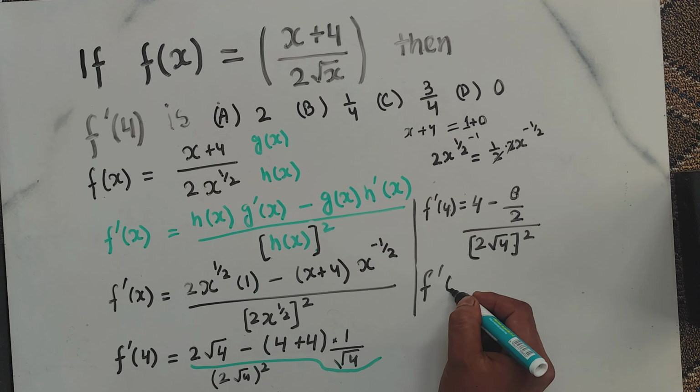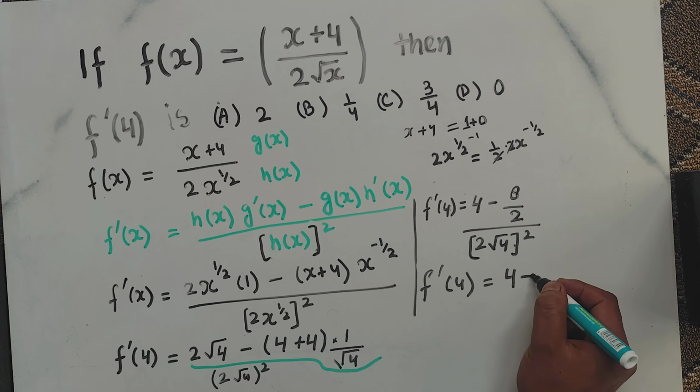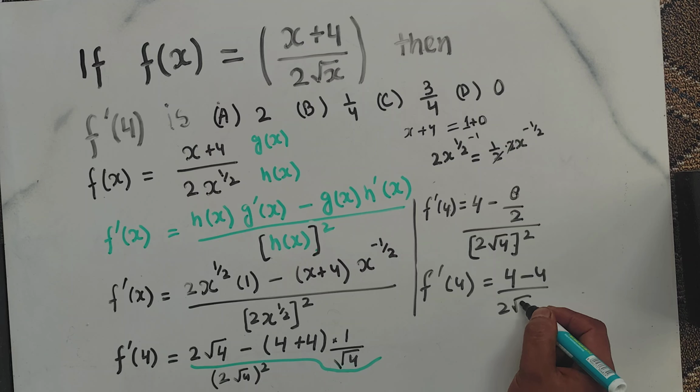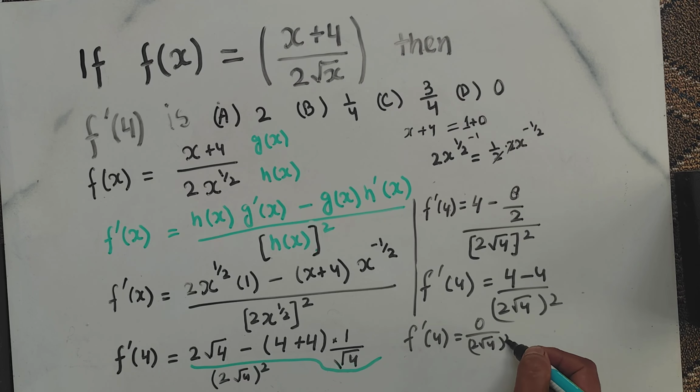So f prime 4 will be equal to 4 minus 8 upon 2, which is 4, divided by 2 under root 4 whole square. So f prime 4 will be equal to 0 upon 2 under root 4 whole square. 0 upon anything will be equal to 0. That means f prime 4 will be equal to 0 in this question.